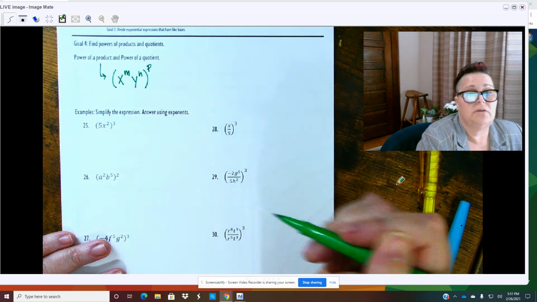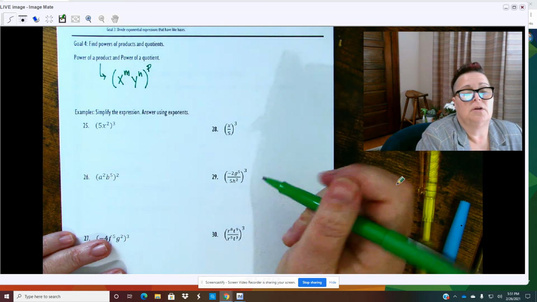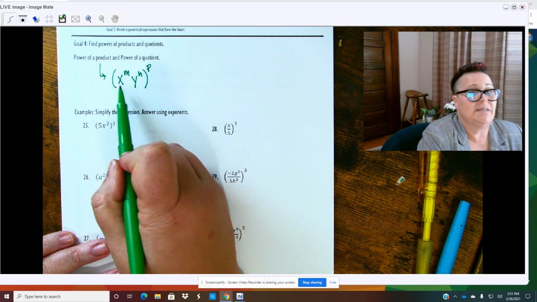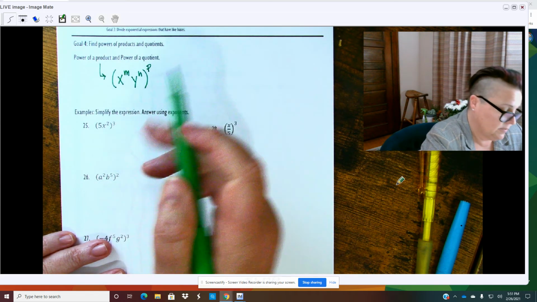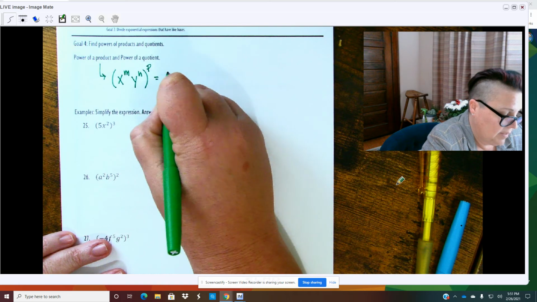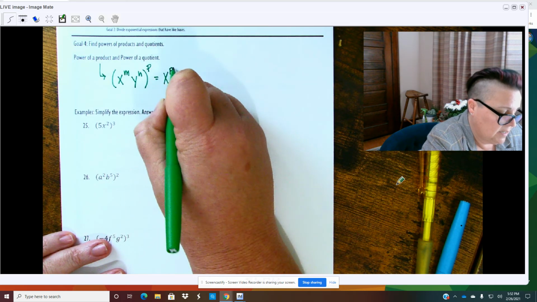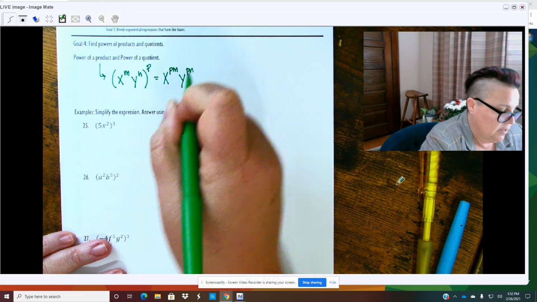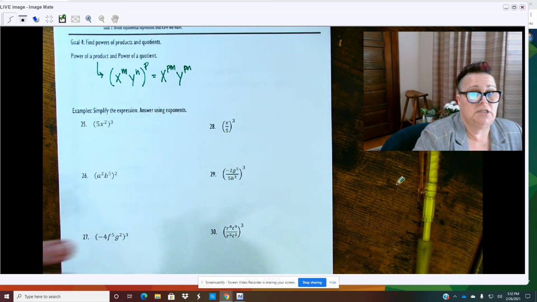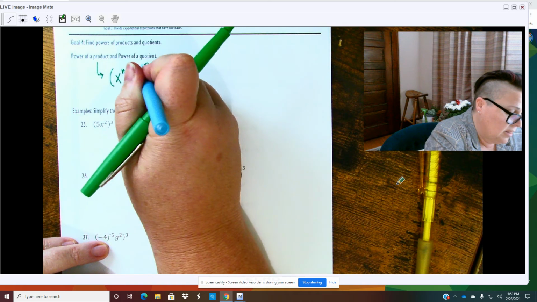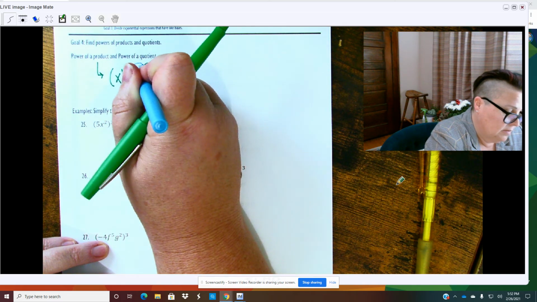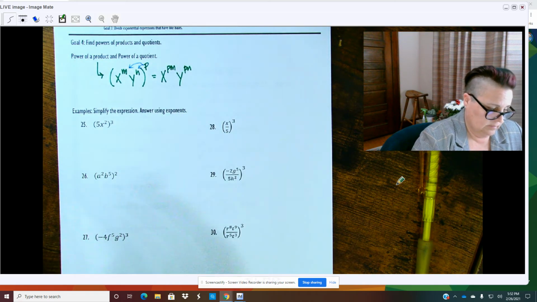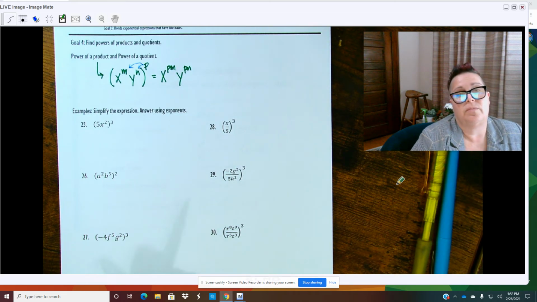Let's use a p. We're using that as a p power. Notice the bases are different. The bases are not the same. This would be the same as x to the p times m, y to the p times n. So literally distributing that additional exponent to both of the powers inside.